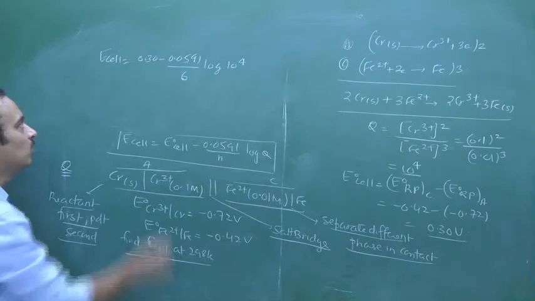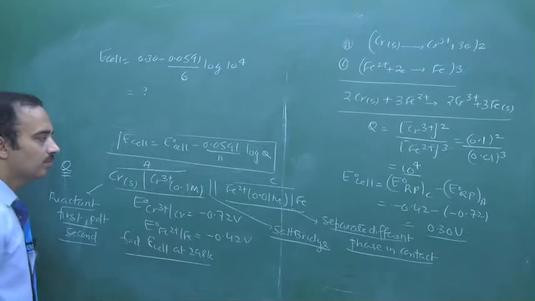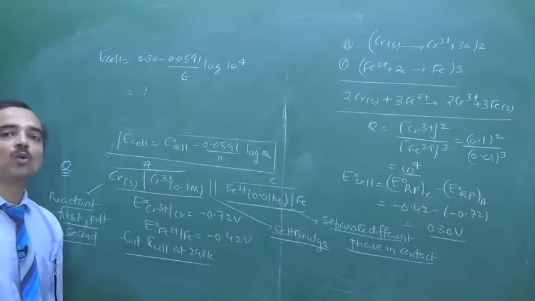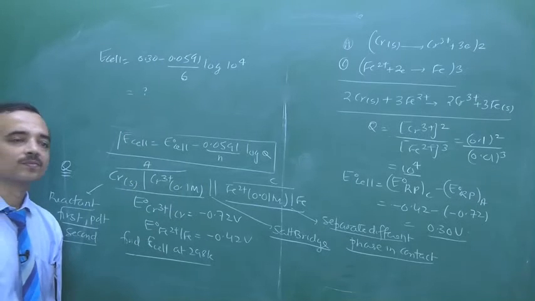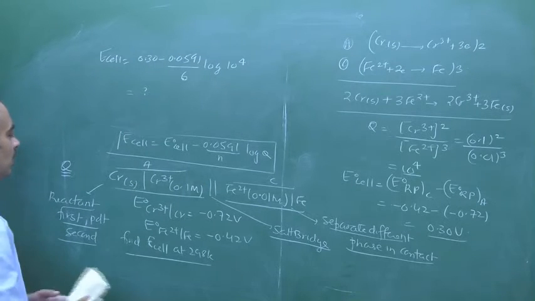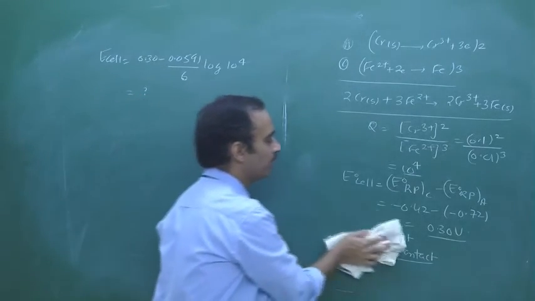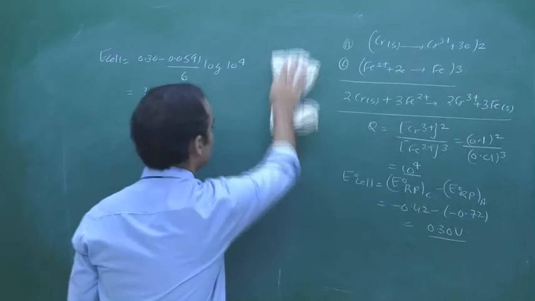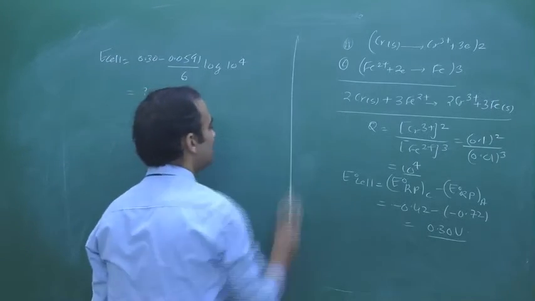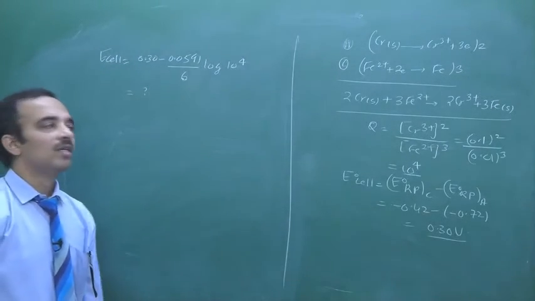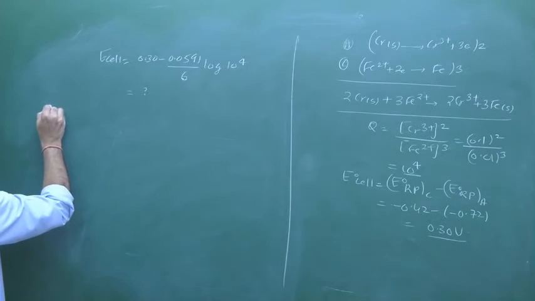Beta, we can solve it to get the answer. Is it clear to all of you? Beta, this question is very important, and such type of questions are frequently asked in the examination. Now let us come to another question.